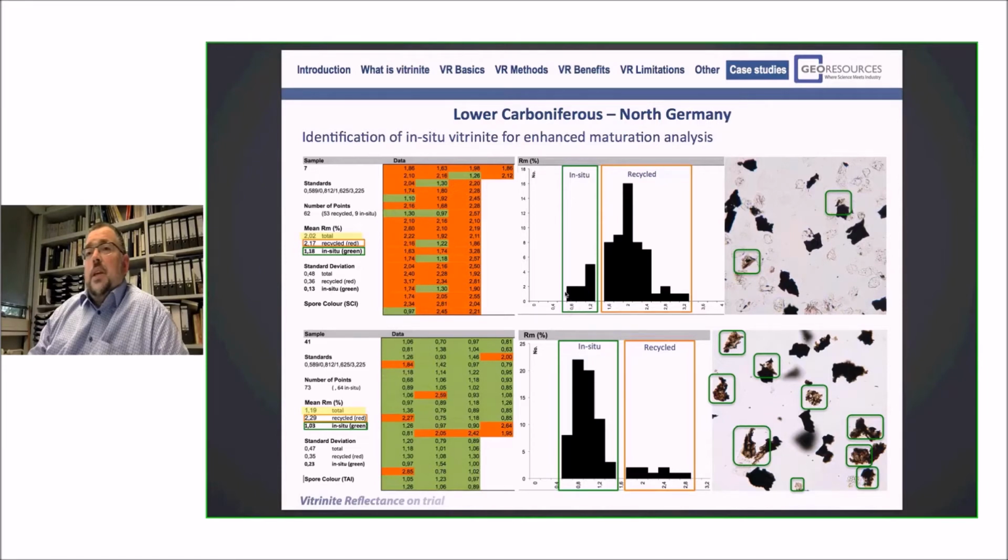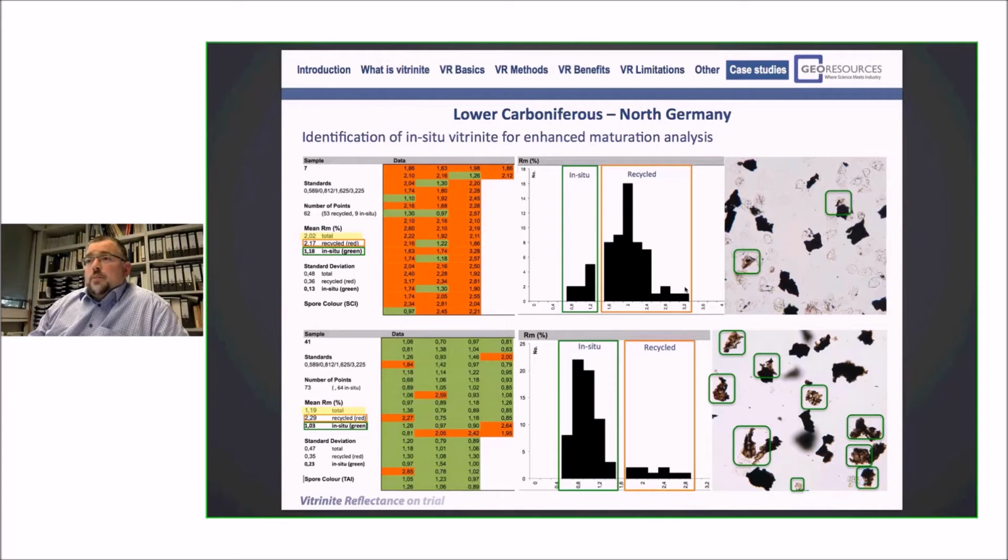So we get vitrinite, high mature. The huge majority in this sample is high mature from 1.6 to over 3%. But we have a small population here, which is much lower in maturation. And the same here, we have this low maturation part of the assemblage, and we have the high maturation part again, from 1.6 to almost 3%.